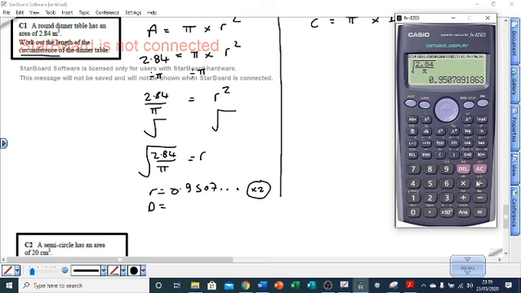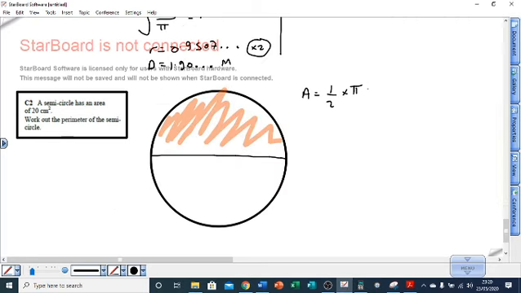A half times pi times radius squared. Now you can rewrite this as saying a half times that is the same as saying pi times r squared divided by 2. So I'm going to use that. It's the same thing. Now you're told that the area is 20 centimeters squared, so I can rub that out and put 20.